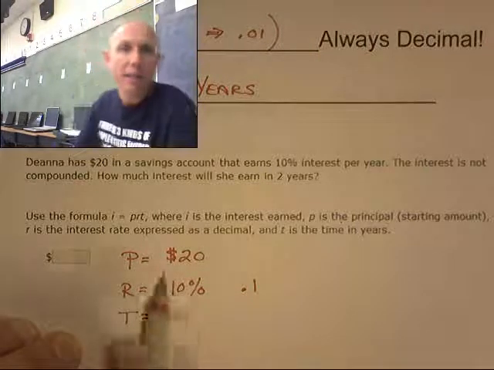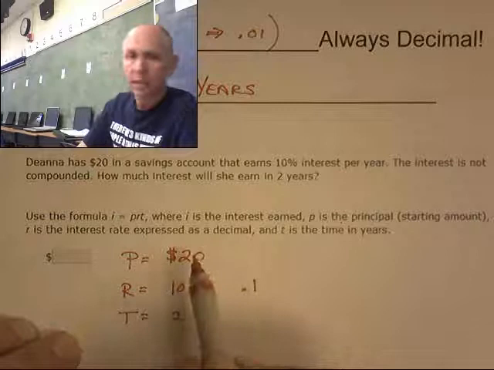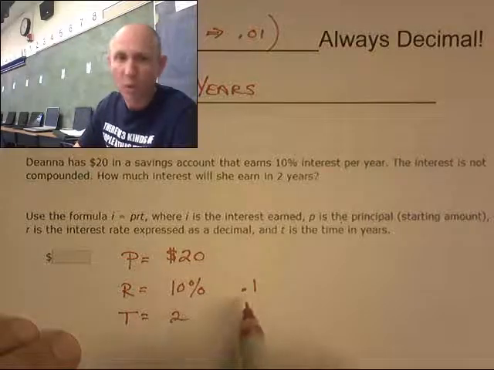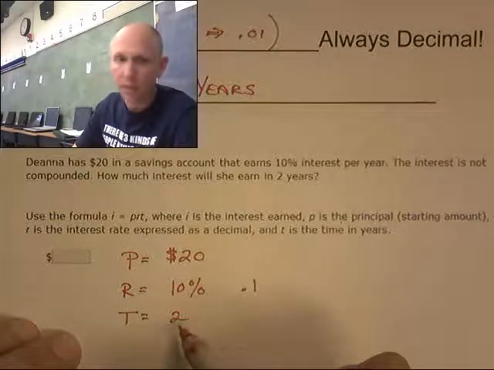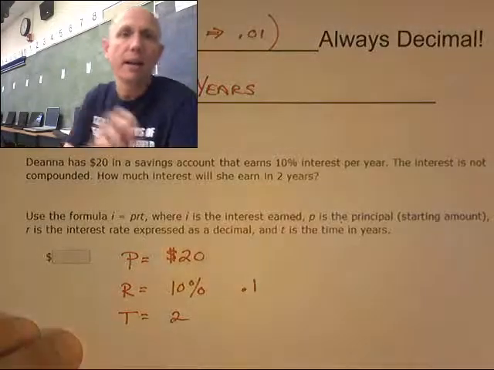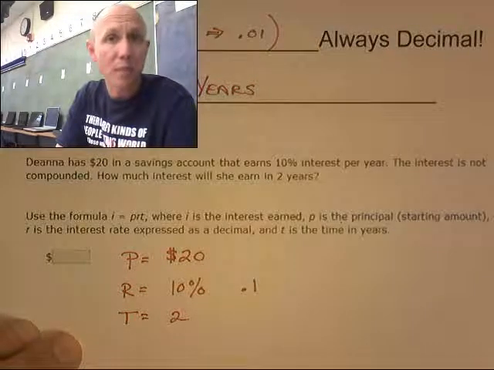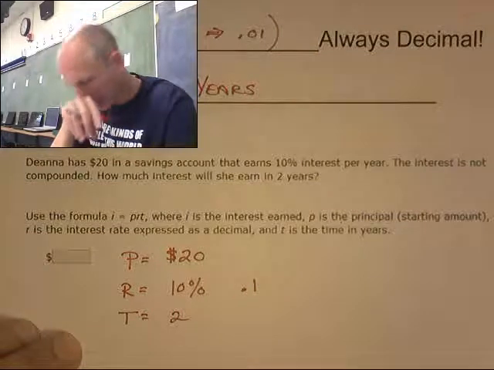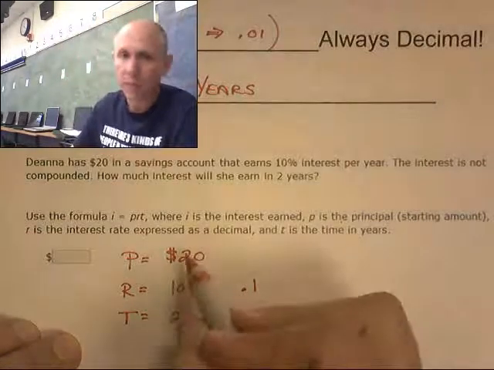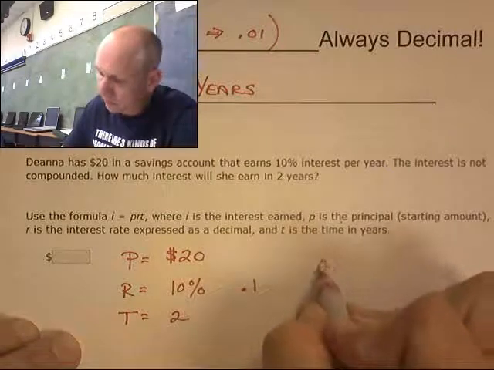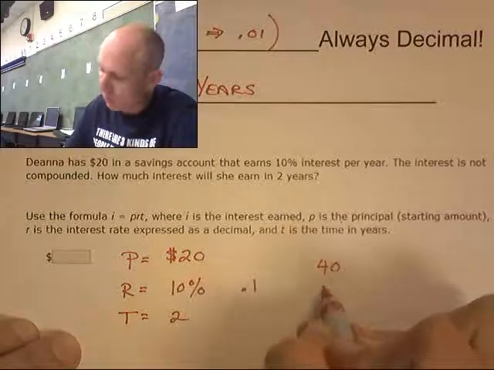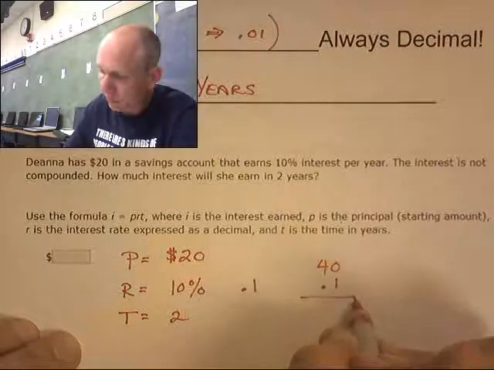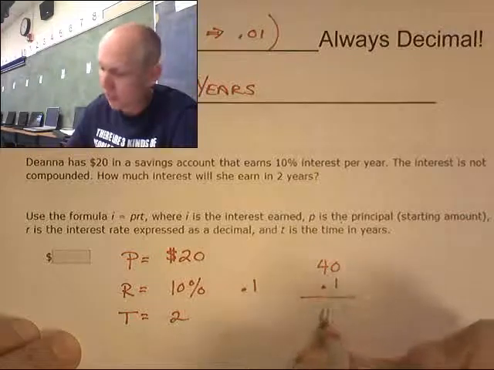This is the math that needs to be done. I need to go 20 times 2 times 0.1, or 20 times 0.1 times 2. Either way, multiplication is what's called commutative, so you can switch around the order of multiplication. So let's go with this. 2 times 20 is 40 times 0.1 is going to give me 4.